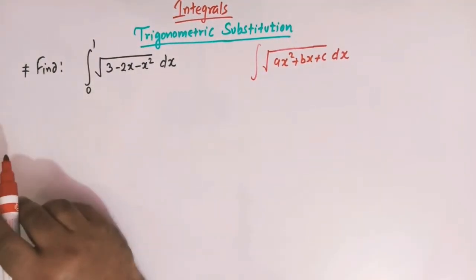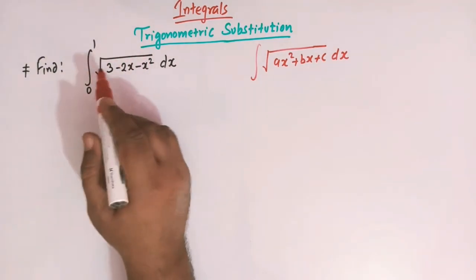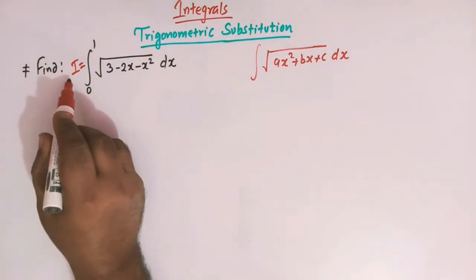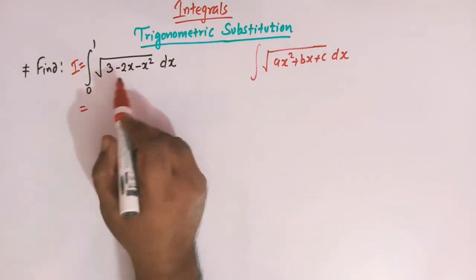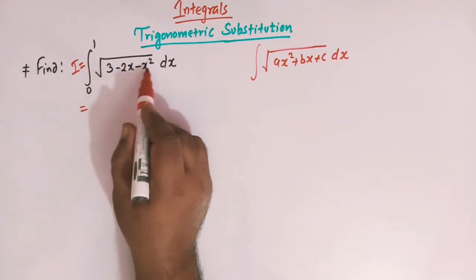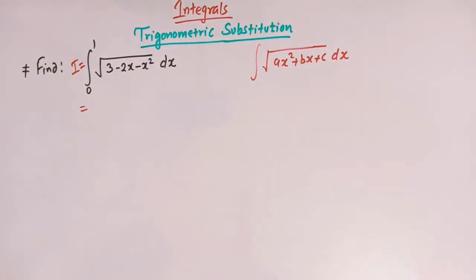So what we will do in such problems, let us first denote this integral by the letter I, and usually what we do, we try to convert this quadratic polynomial into a perfect square, right?